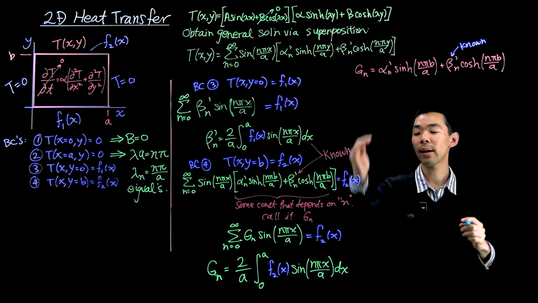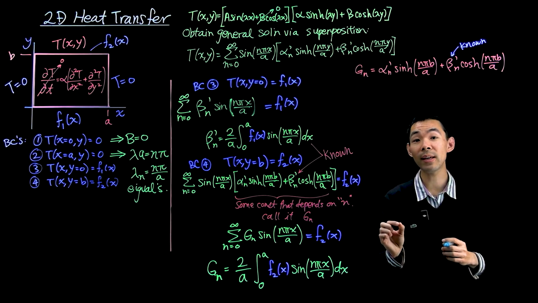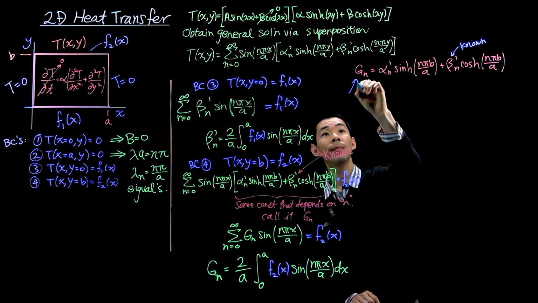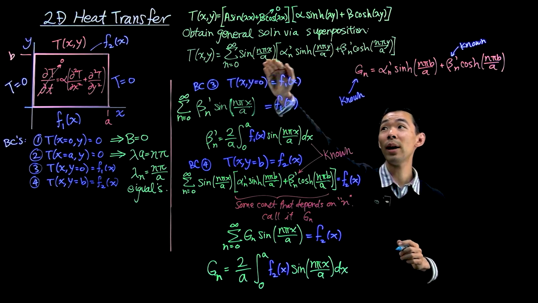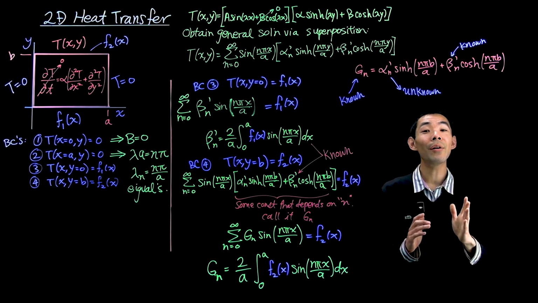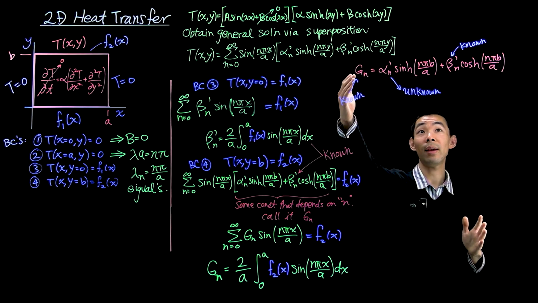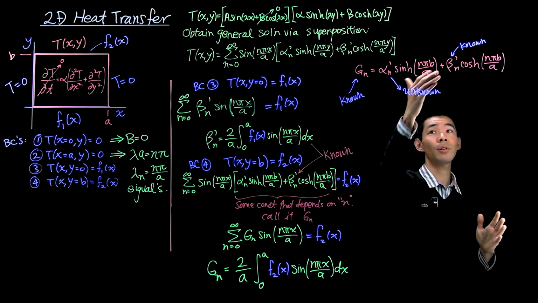We also know what g n is. Again, this is just a number. Give me an n, this will produce a number. So this is also known. And what we don't know, what we need for our original equation, is alpha n prime. But we can now calculate what the alpha n prime is because we know g of n, we know beta n prime, we know the coshes, this is just a number, this is just a number.